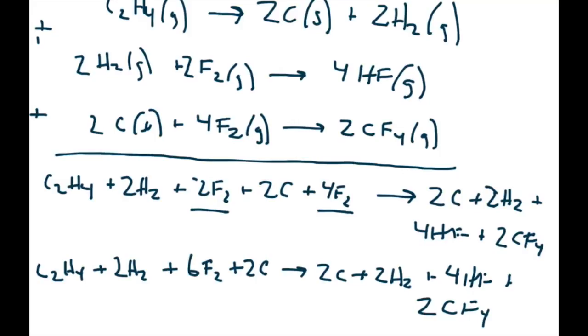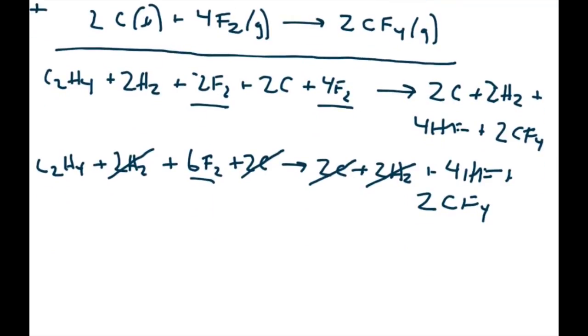Okay, so now we've just combined these F2s together to get 6 of them. So now we look for things on either side that we can cancel that are the same. So 2 carbons are the same. 2 hydrogen gases are the same. Is there anything else? And the answer is no, there's not.